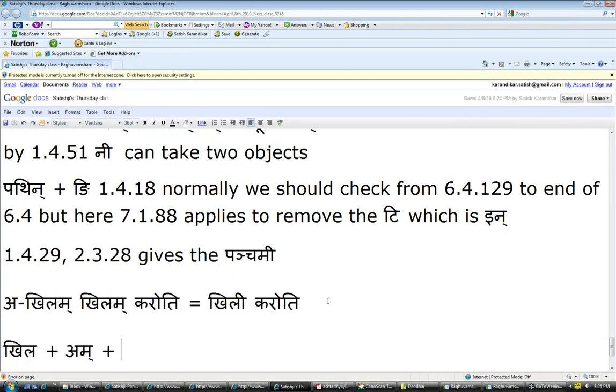Now in chvi, that E is the upadesha ajananasika it. So it's going to be an it letter. Then we get the chutu.